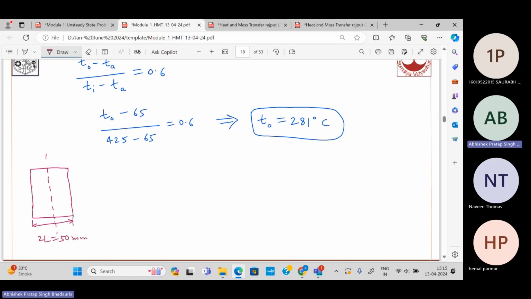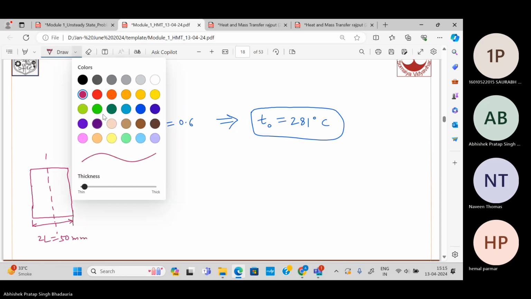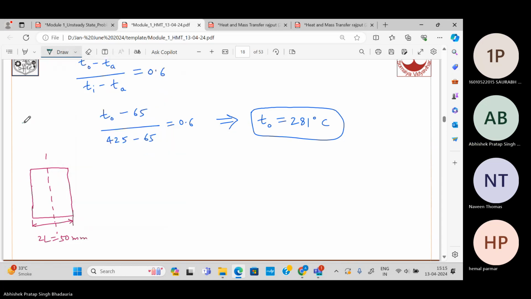If we talk about the semi thickness, the semi thickness of the plate will be 25 mm.